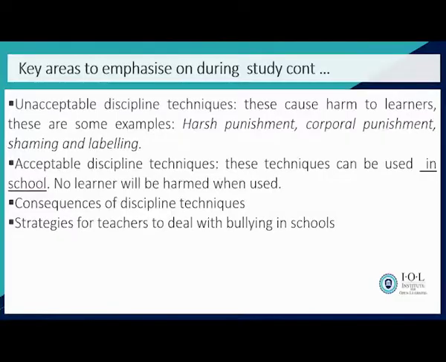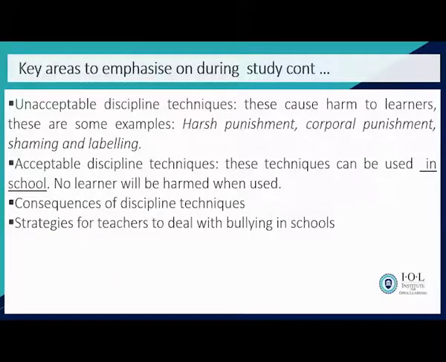Consequences of discipline techniques. What are the consequences? So the consequences, we have either the acceptable one or the unacceptable one. With the unacceptable ones, it may force a child to lose self-control. The child will not be happy. The child may drop out of school, because all the time the child is angry and thinking of what the teacher does to him or her.